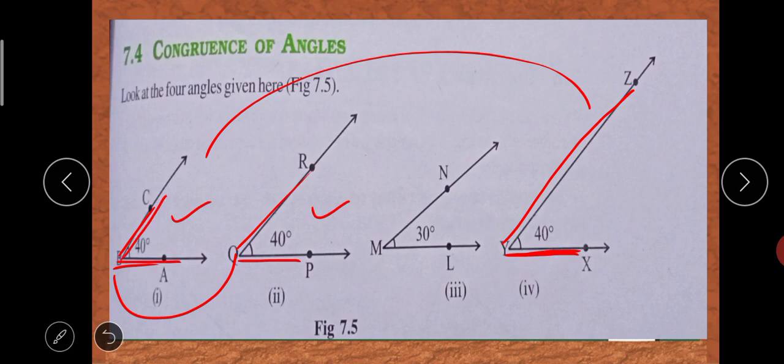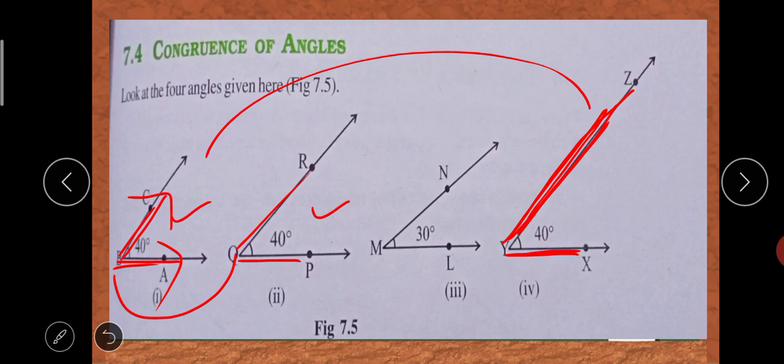When we see, we will find the lengths of YX and YZ are longer than BA and BC. So are they congruent? Here angle ABC looks smaller than angle XYZ. Okay, that we are seeing. But you have to remember that these arms only indicate the direction, not any length.